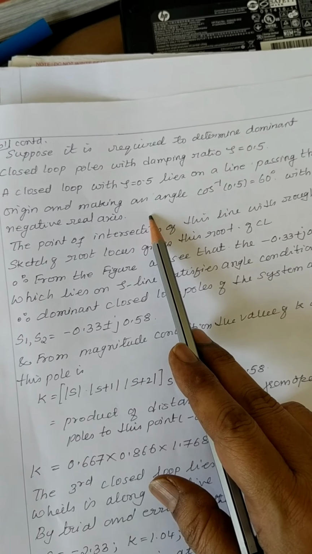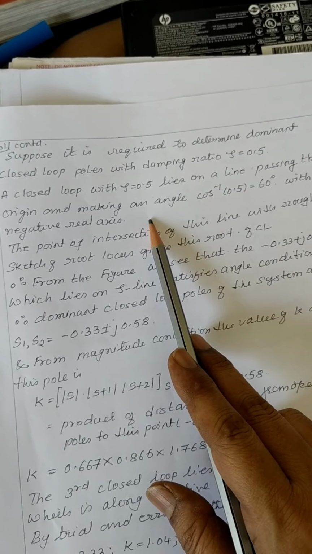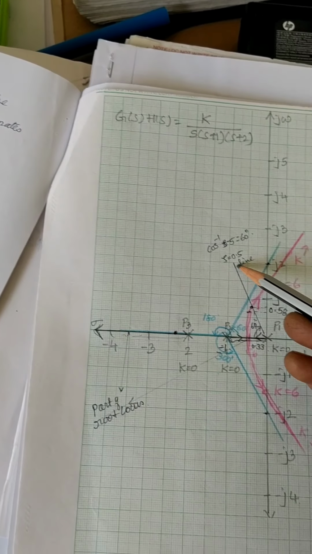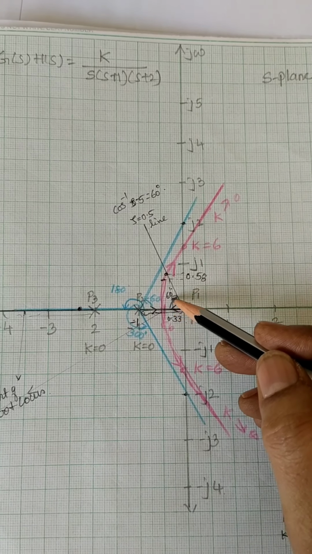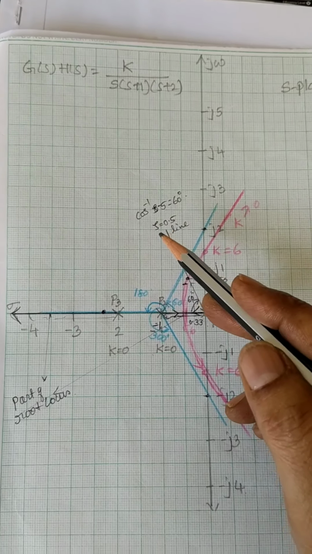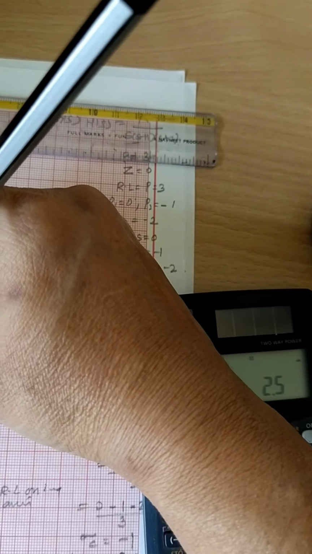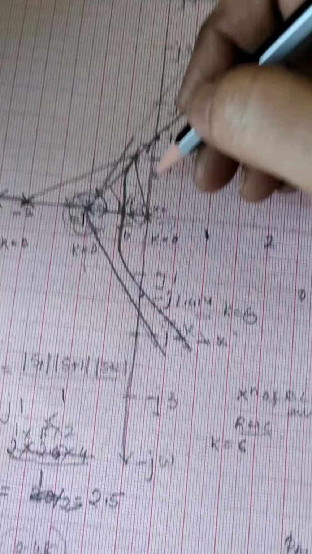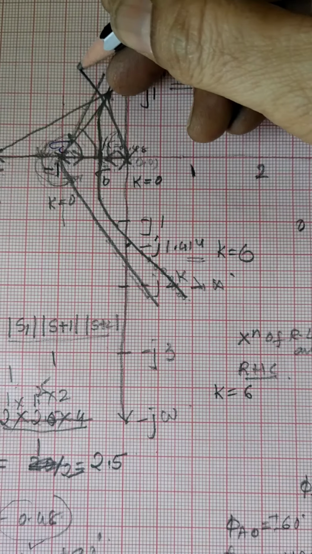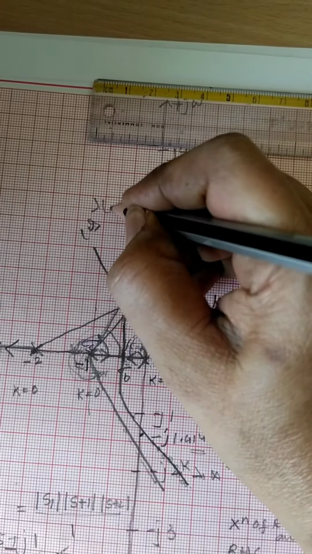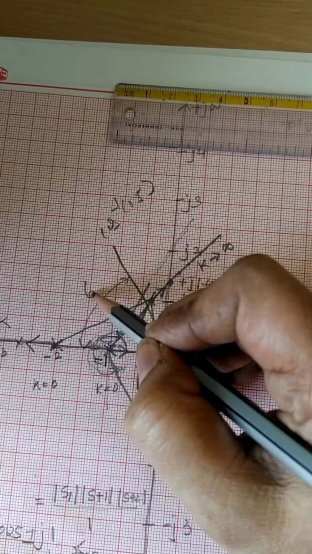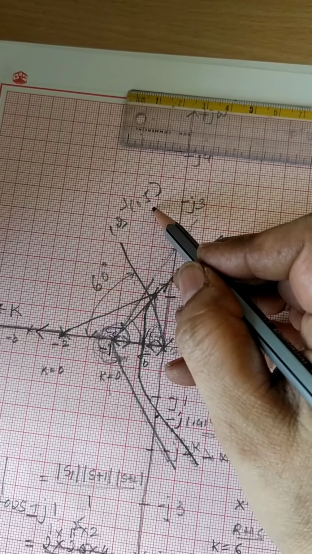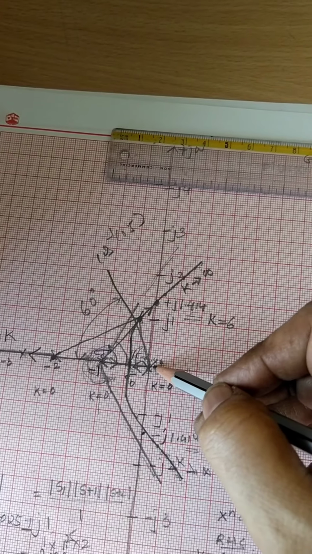So to find the dominant pole at zeta equal to 0.5, you have to draw a line from the origin making an angle of cos inverse of 0.5, 60 degrees with the negative real axis.